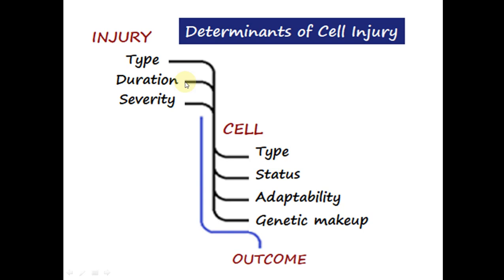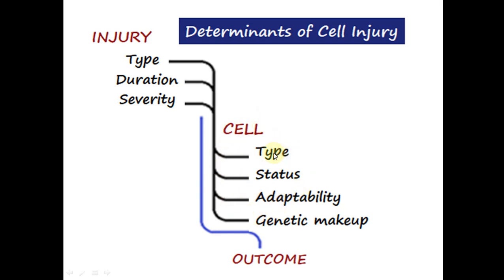So, the determinants of the cell injury, and particularly when we talk about the injury, depend on the type of the injury, the duration for which the injury lasts, and the severity of the injury. Now, on the other end of the parameter, the type of the cell, the status, the ability to adapt itself, and the genetic makeup of the cell will also determine the outcome of an injury.